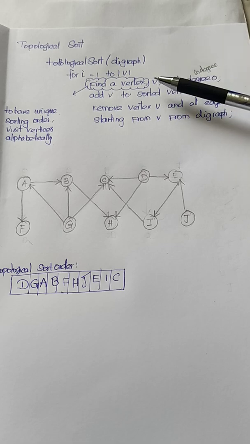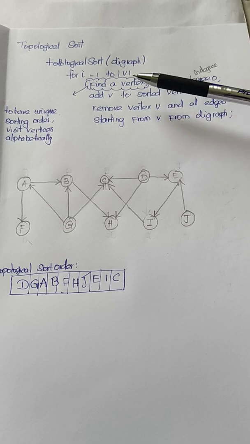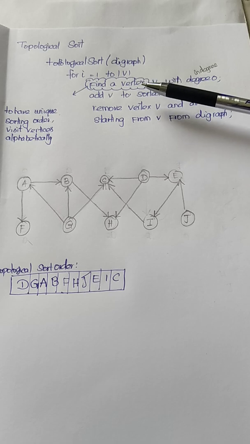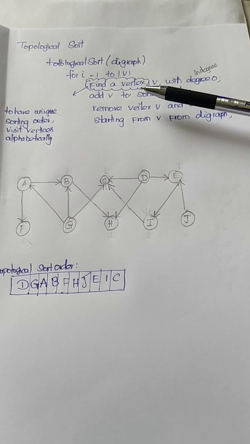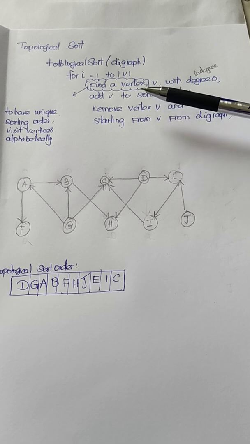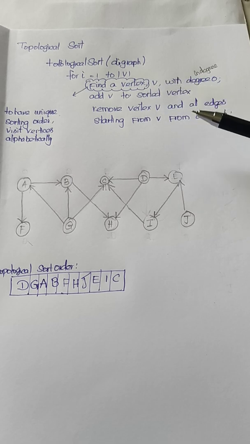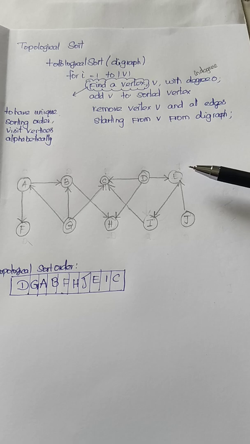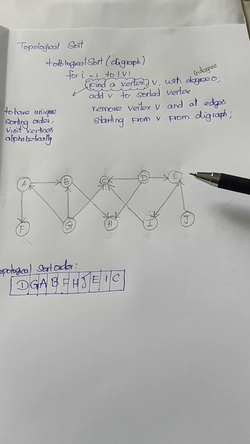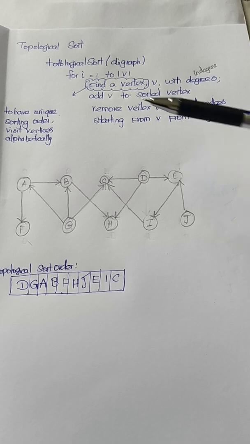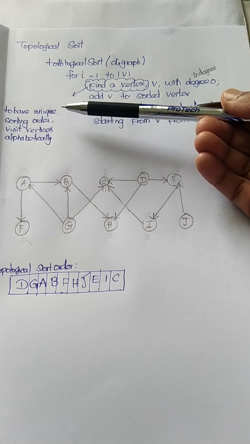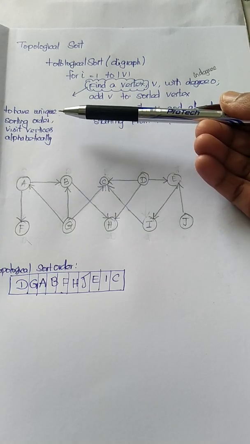Sometimes in a graph you may have more than one vertex with in degree 0. So in that case, how are you going to select a particular vertex and visit that vertex? Basically, you can follow any order. Let's say you find two vertices with in degree 0, like A and C. You can pick any and visit any, but we are going to follow a unique way of visiting the vertices of a graph.